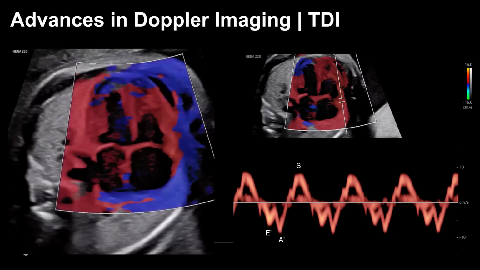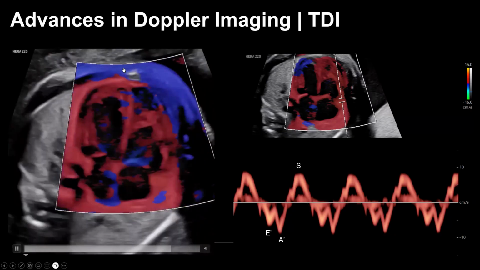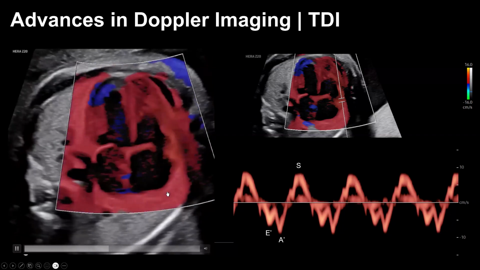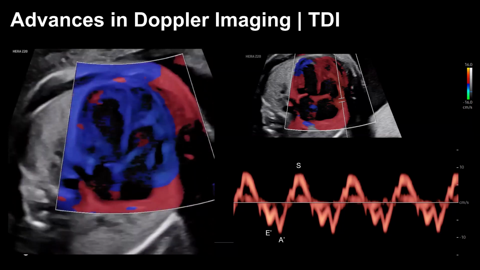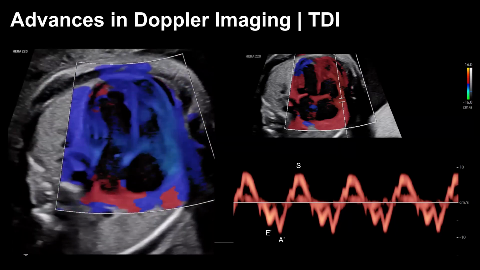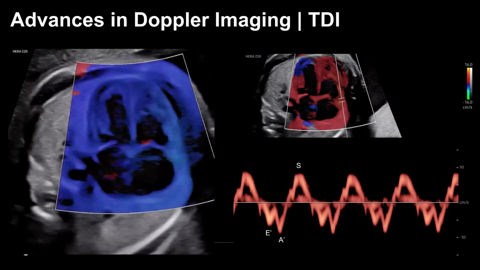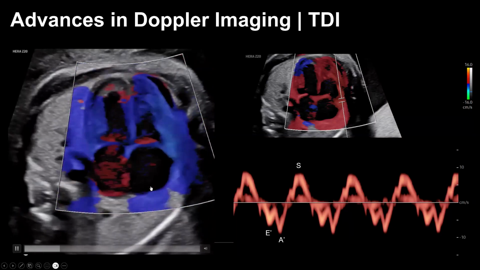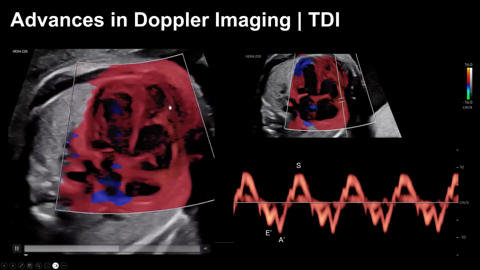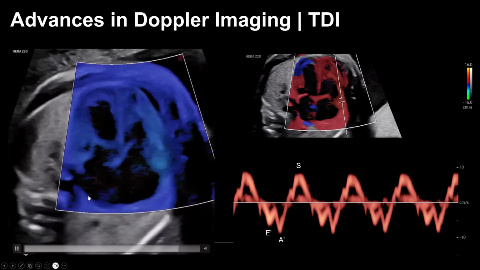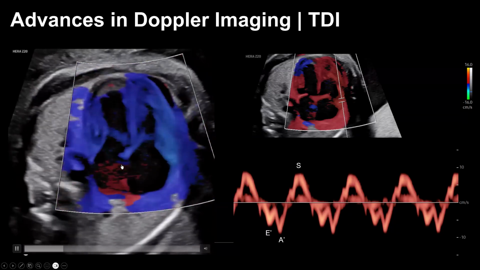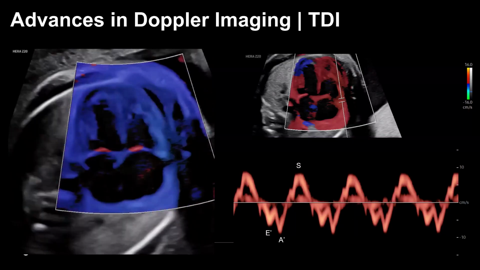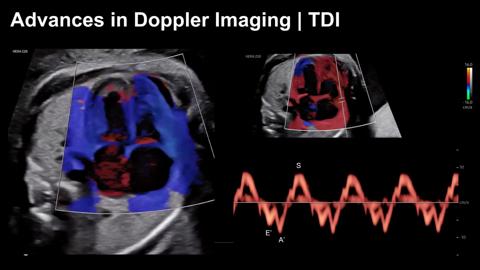For example, when the baby is positioned in this apical 4-chamber view orientation, most of the time it is hard to place the M mode through the myocardium of the left ventricle and the right atrium, or the right ventricle and the left atrium, so that you can simultaneously visualize the beats from the ventricular and atrial locations.